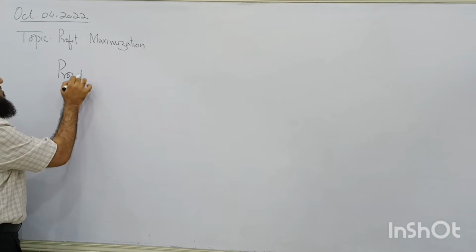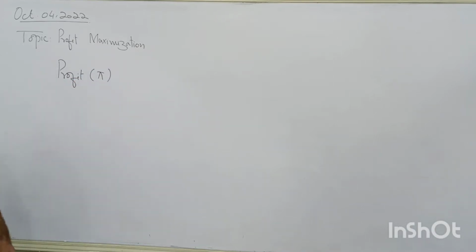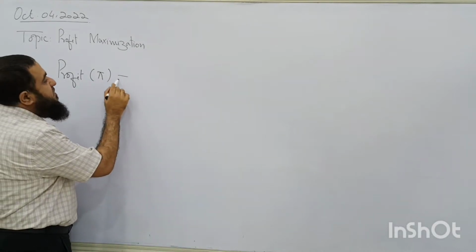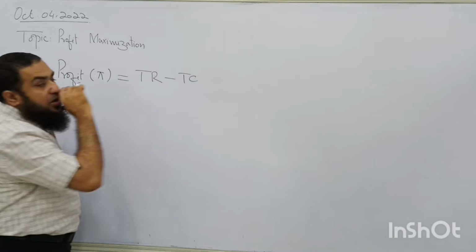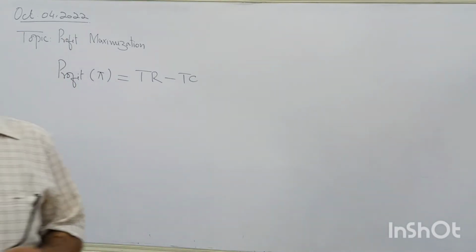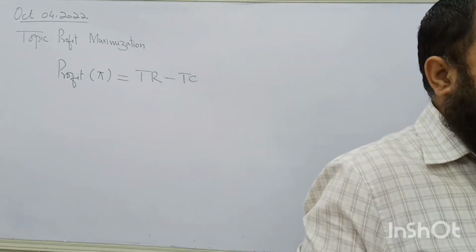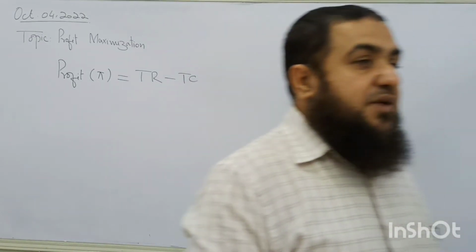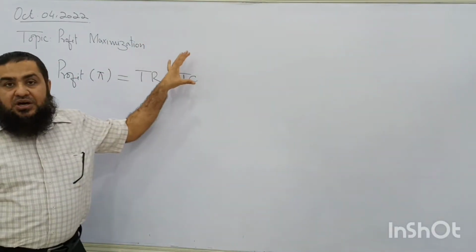Profit means, we denote profit by the sign phi. Profit means it is the difference between total revenue and total cost. Isn't it? So it is a difference between total revenue and total cost of a firm, because revenue is including the cost as well.